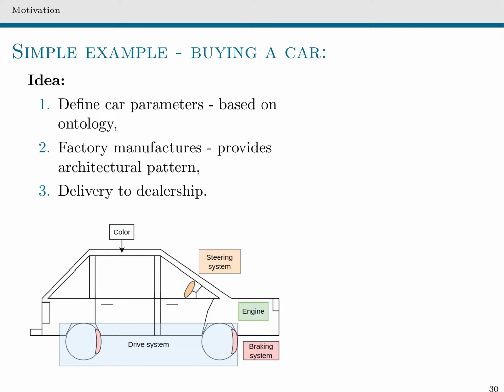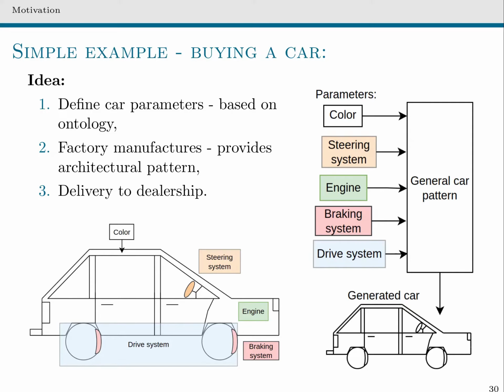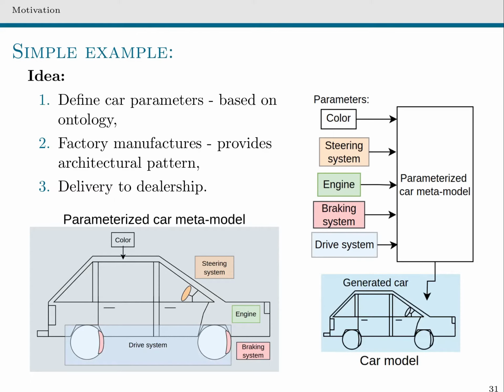In fact, we are asked to provide appropriate parameters to the general car pattern, and based on this pattern, a car is generated by the factory, and we can enjoy driving a car in a few months, like in 3 months. But we can also look at the same problem from a different perspective.